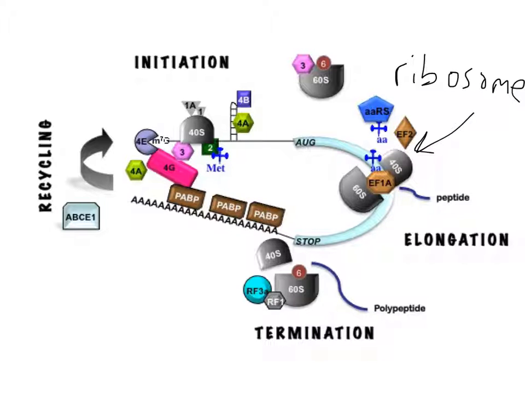The first step, or one of the first steps, is the binding of the 7-methylguanine cap that's put on the 5' end of messenger RNA. If that doesn't mean anything to you, that's okay. But everything starts at the 5' end of the messenger RNA.